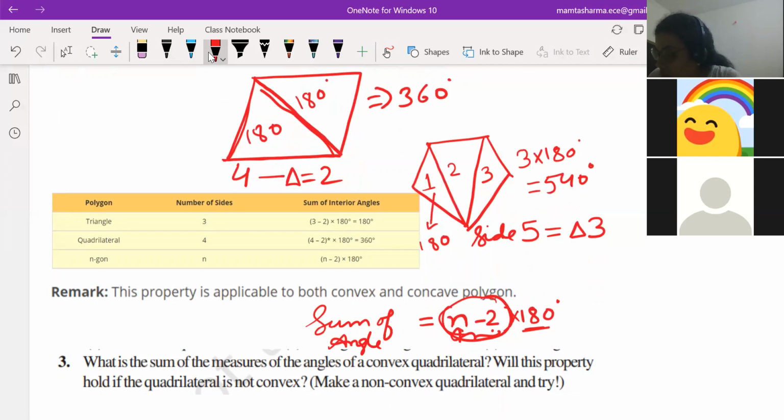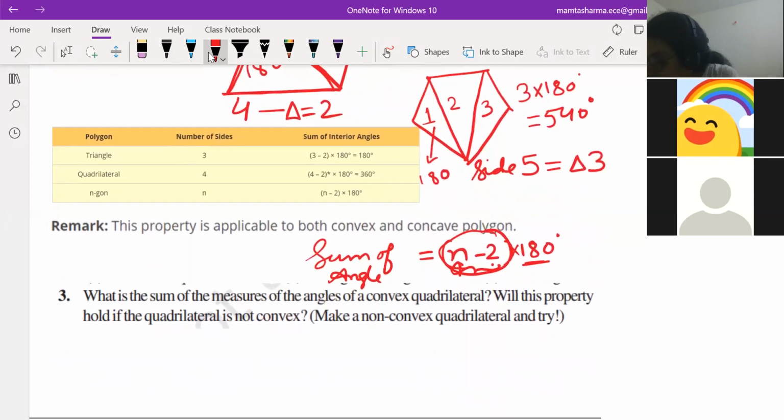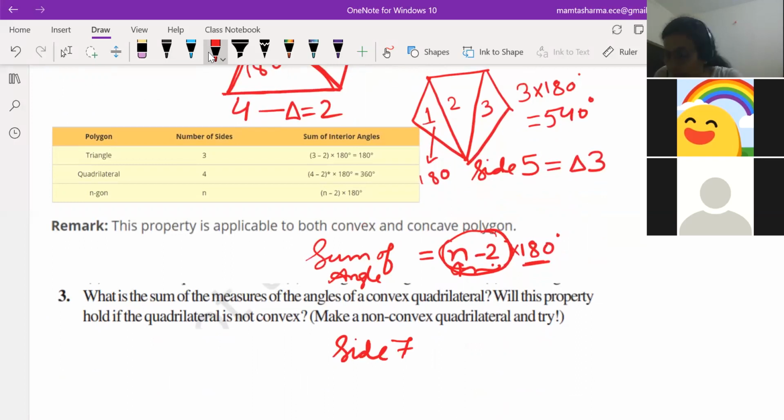Okay. Now if a polygon has 7 sides, what will be the sum of the interior angles?